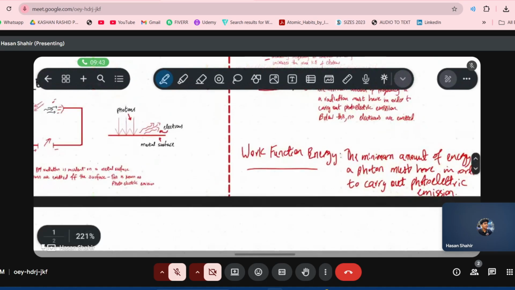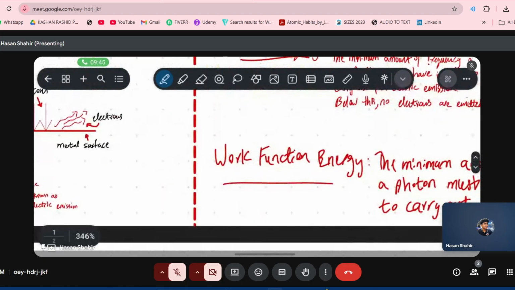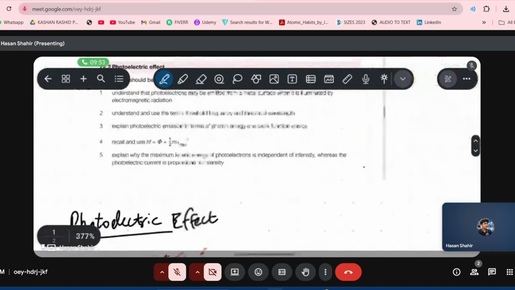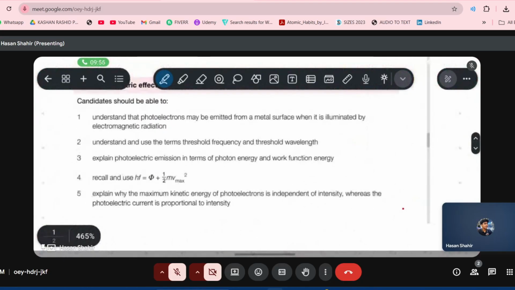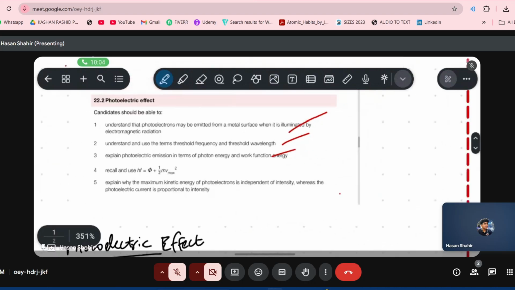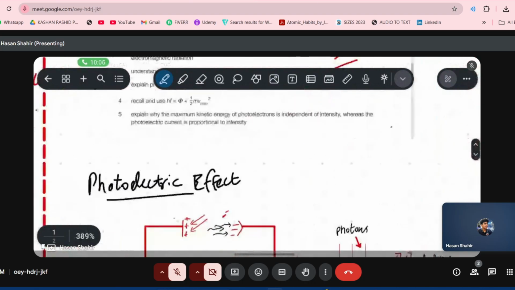Because we know that the energy of a photon is transferred over to the electron in the form of its maximum kinetic energy. This is the basic concept of the photoelectric effect. So we've covered the first point, the second point, and the third point. All right. Now we're going to be moving on to the formulas.